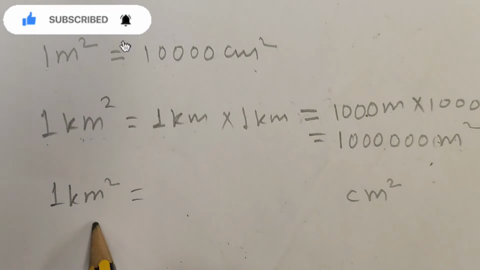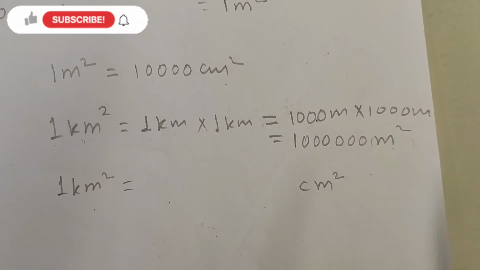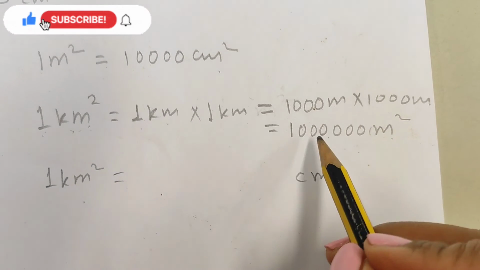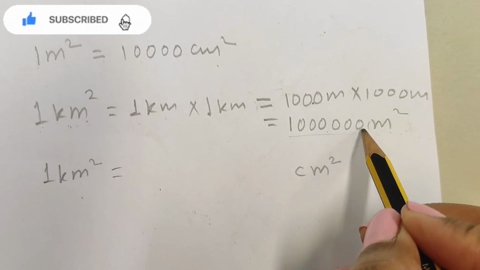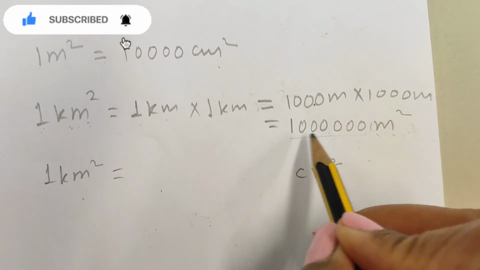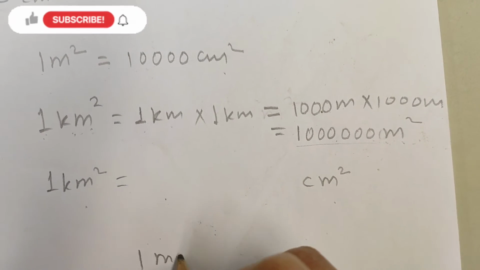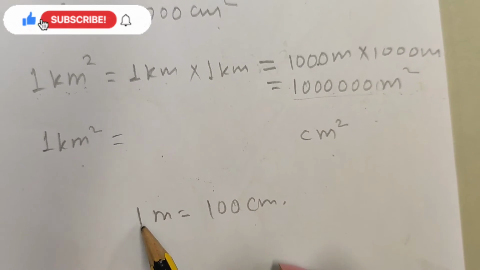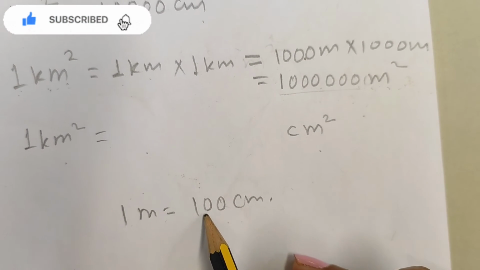Now let's try this one. Let's change into centimeters squared. Actually I don't need to start from the very beginning. I actually solved it here. So 1 kilometer squared is these many meters squared. And now if you have to change this into centimeters, we know that 1 meter is 100 centimeters, right? If you have to change from meters to centimeters, you have to add 2 zeros.